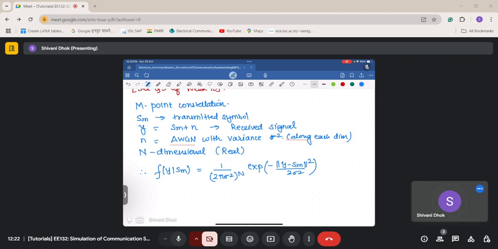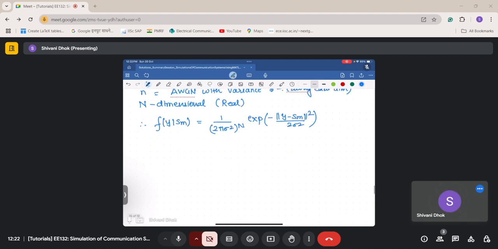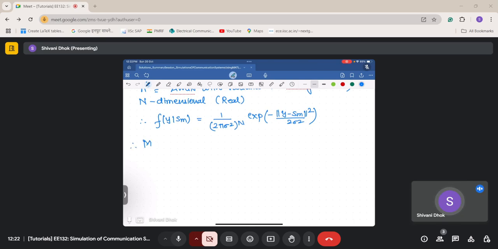So therefore, the MAP rule says you decide m hat, which is argmax over 1 less than or equal to m less than or equal to capital M, such that the probability that Sm was transmitted given y received is maximum.